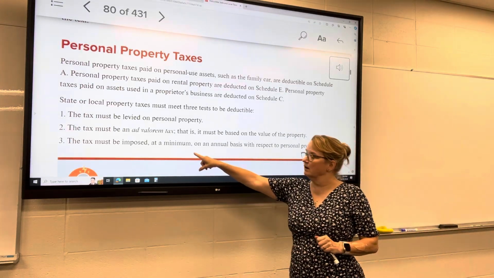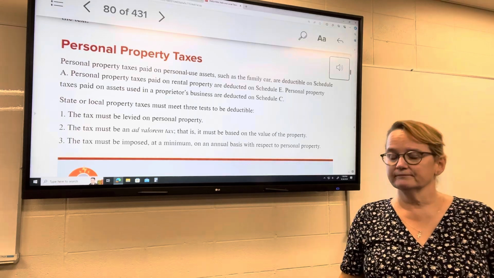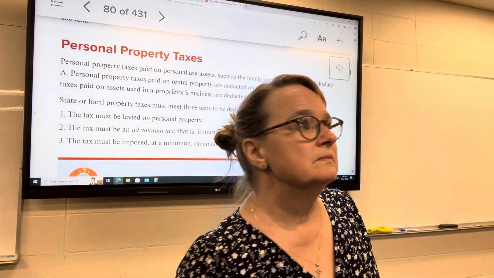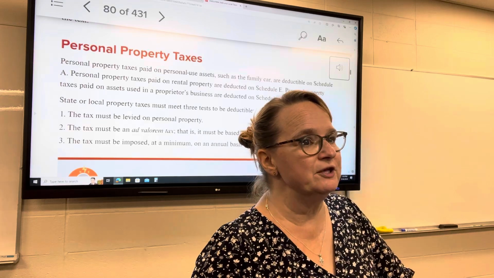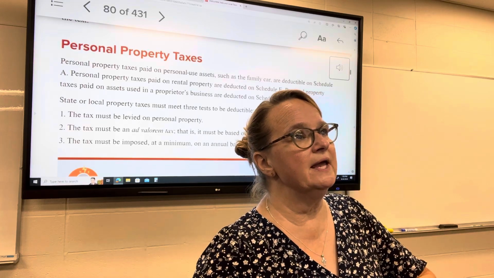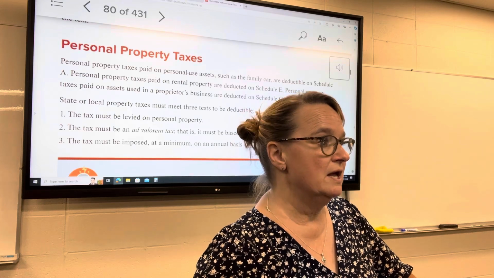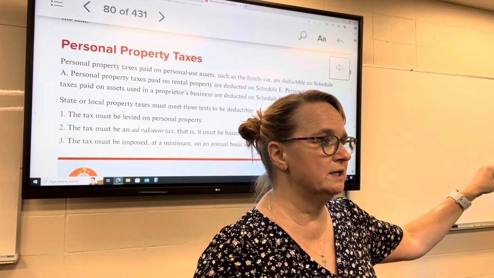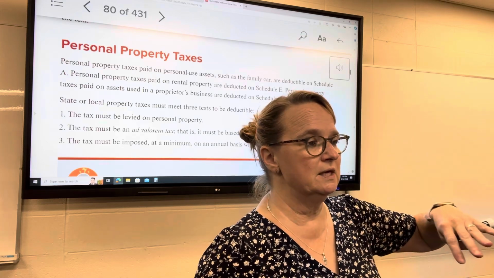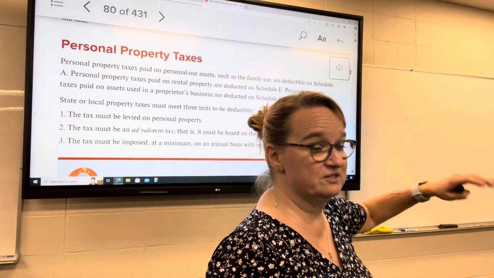Is that the purchase value or is it the book value, as far as how they value it? They've got a formula. It starts out with the purchase value, but then a percentage gets deducted every year that you own it until the 12th year, when the ad valorem part, the value part of it, goes away entirely, and it's just a flat fee.